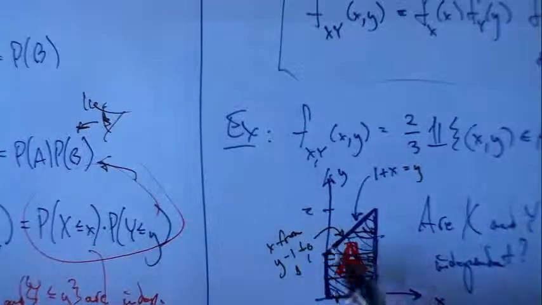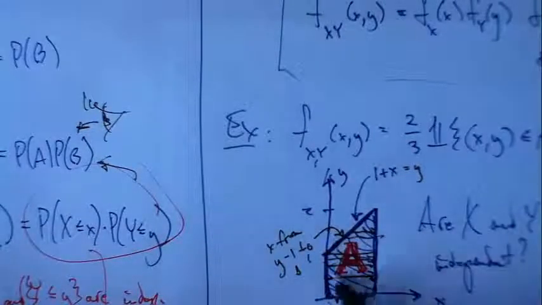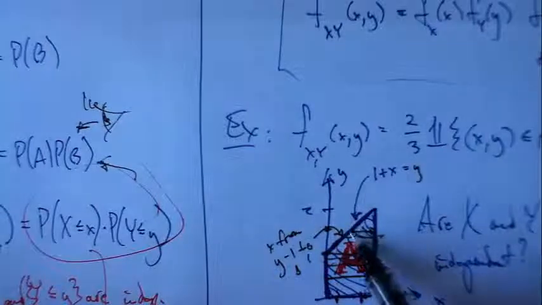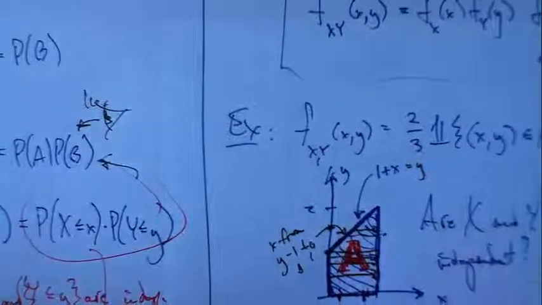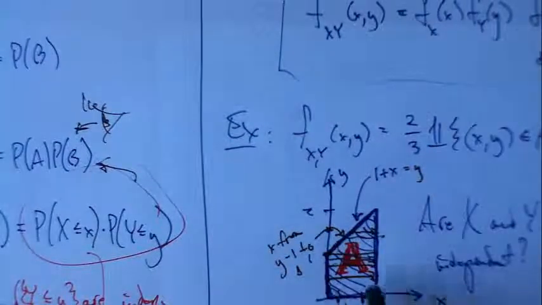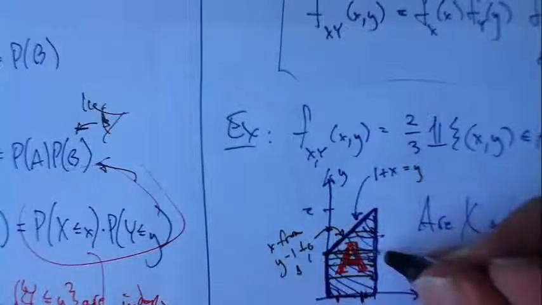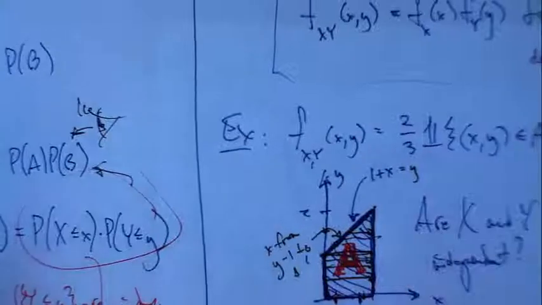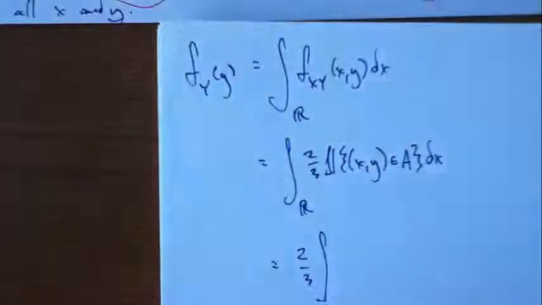If y is 1.5, 1.5 minus 1 is 1/2, and so x is going from 1/2 to 1. See that? So when I'm running this way, left to right, for this shape, I'm going to carve it into two pieces: a square, which is pretty nice, and a triangle, which is also pretty nice. So I'm going to have two integrals here.